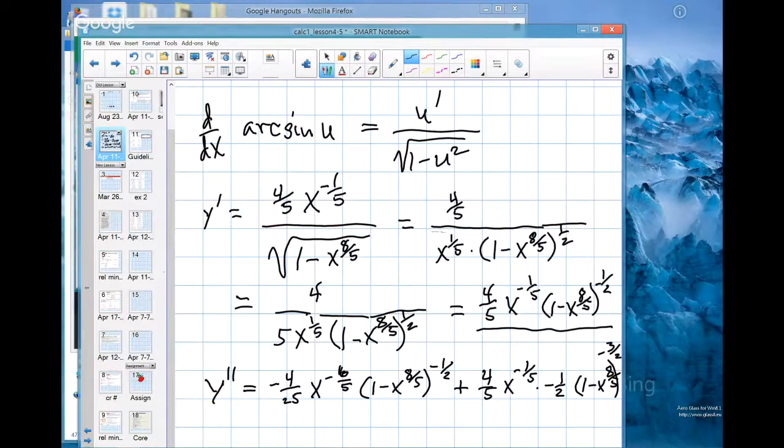And then we have a chain rule times negative x to the 8/5 derivative. So negative 8/5 x to the 3/5. So the question is, when is all of that equal to 0?